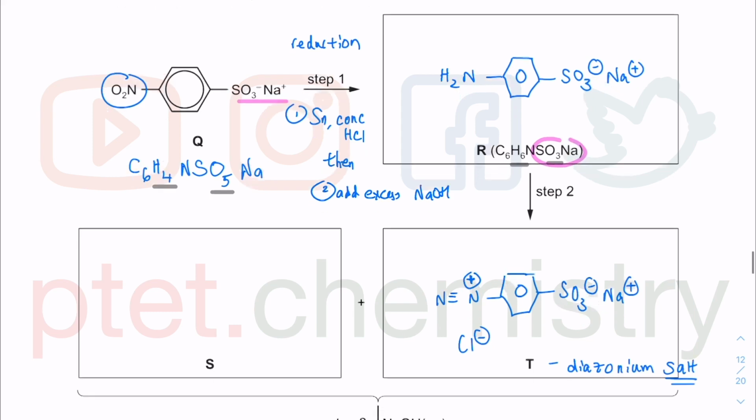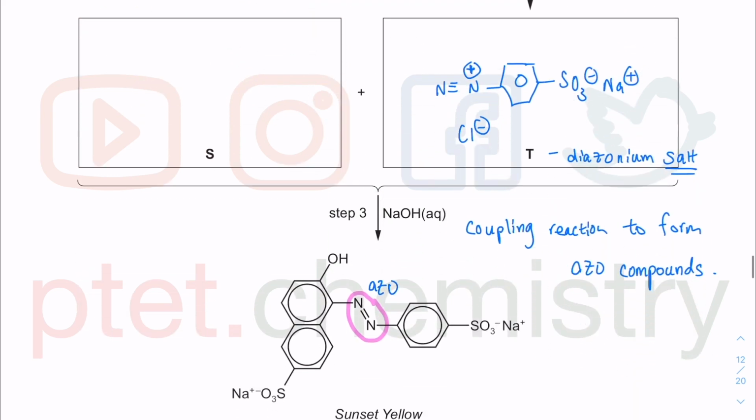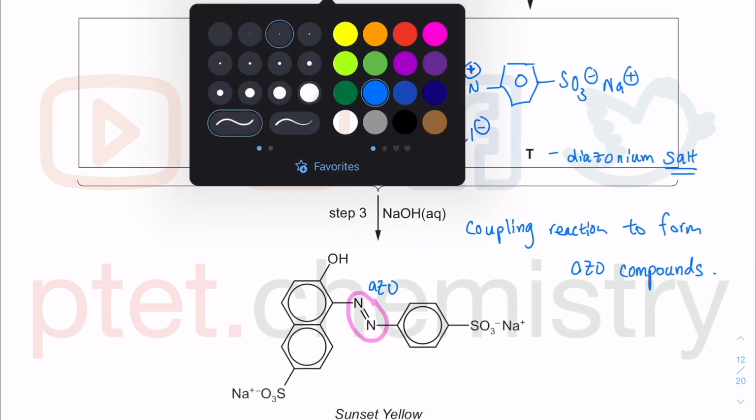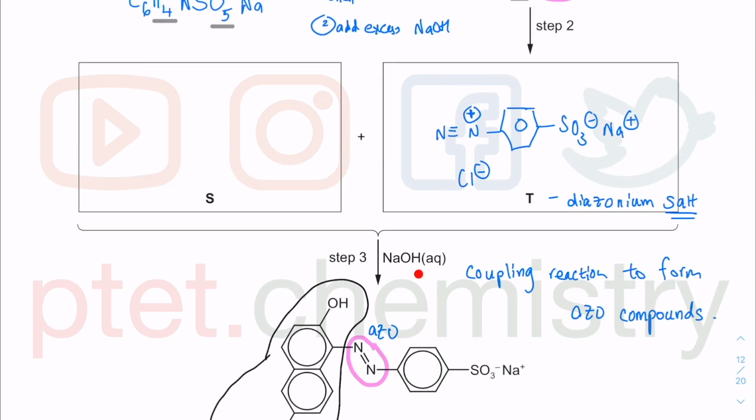It's a salt. It's a diazonium chloride salt. Okay, now this one will react with something else, and that something else is basically the phenolic site. But we do it in the presence of a base, because this will deprotonate phenol. Phenol is weakly acidic, and once it is deprotonated, it will be a much better nucleophile.